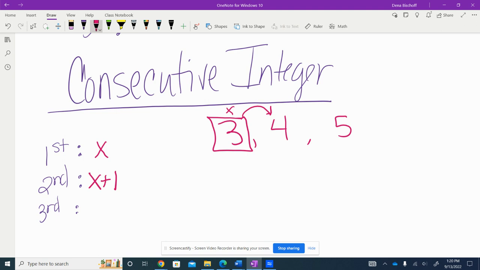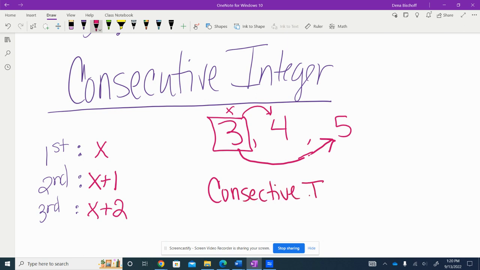So that's what my second integer is. What did I do with the first integer to make it equal 5? So that's my third. So this is consecutive integers, and this is how you define your variables.